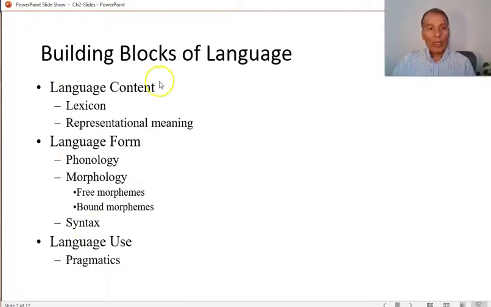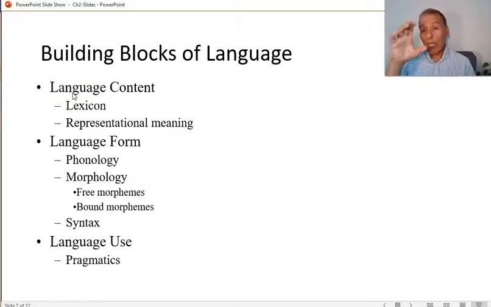So again, the 5 blocks of language include, number 1, semantics, 2, phonology, 3, morphology, 4, syntax, 5, pragmatics.